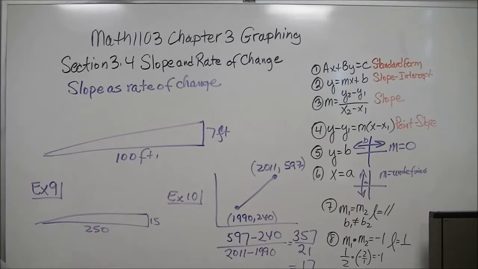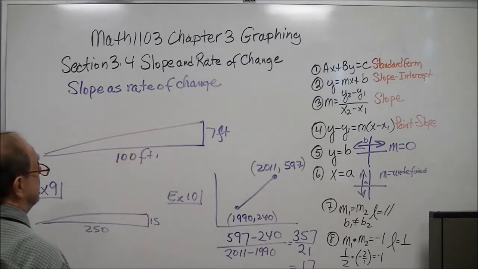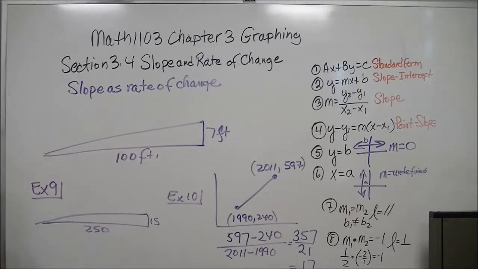Okay, for an introduction to this, next to the last topic, we're talking about slope as rate of change. So if you're driving up an incline, that for every 100 feet, it goes up 7. What is your rate of change?